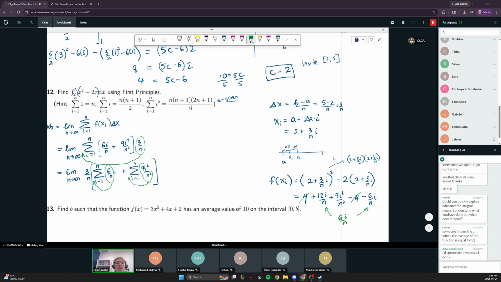So we're going to have the limit as n goes to infinity of 3 over n, times 6 over n pulled out, and this is just i left, plus 9 over n squared pulled out, and this is just i squared. Now I can use the formulas I have. This one we're going to use for this part, and this one for this one. So let's go ahead and do that. Everything in the end is going to be in terms of n, and you're going to evaluate the limit.